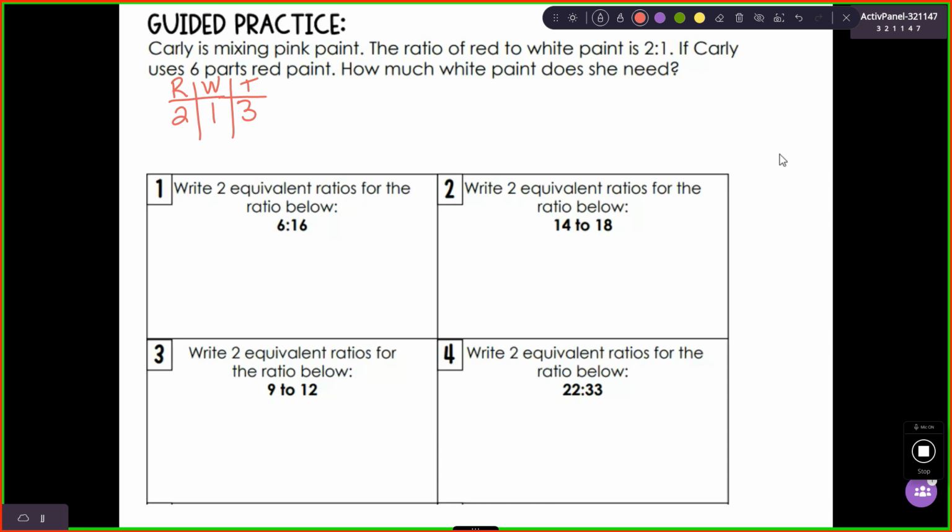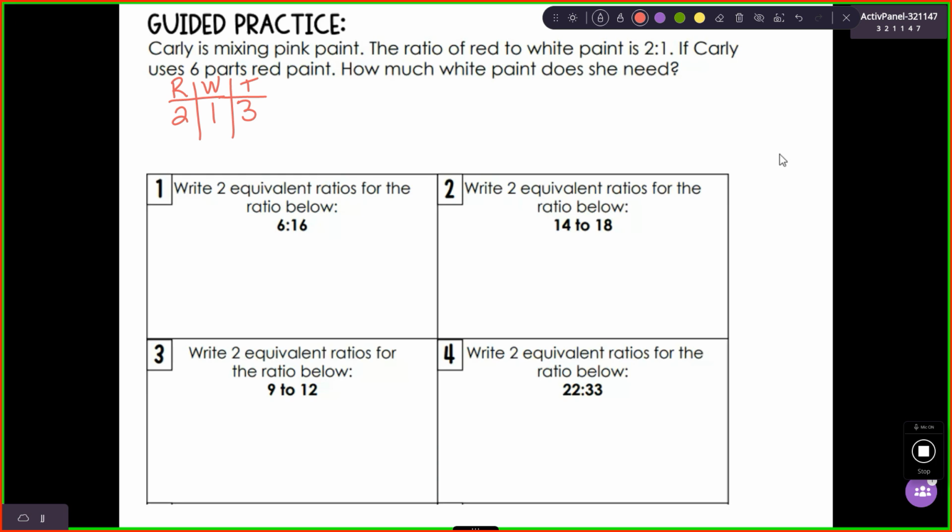When we get to the next sentence, this is leveling up. Okay? It's a level 2 problem. It says, if Carly uses 6 parts red paint. You're like, she's using 2 parts red paint. Ratios are not exact. You can create equivalent what?